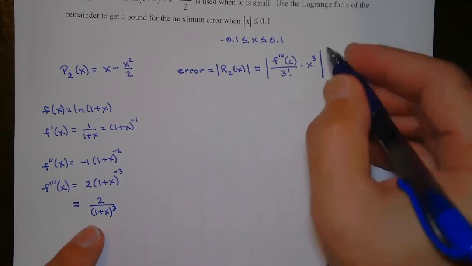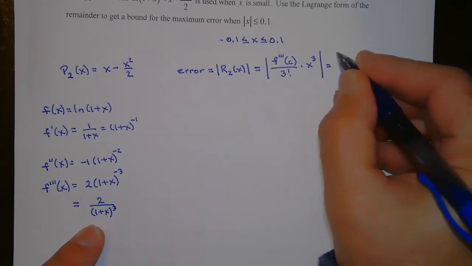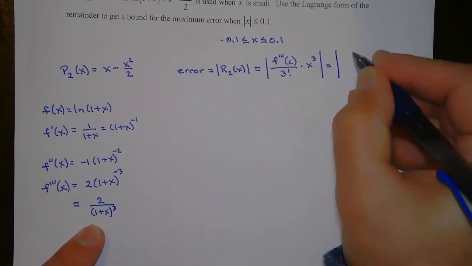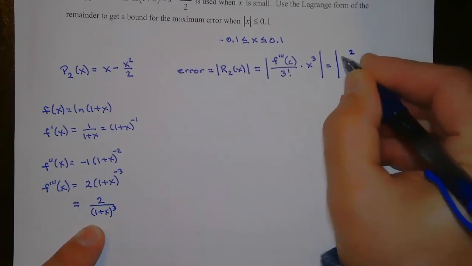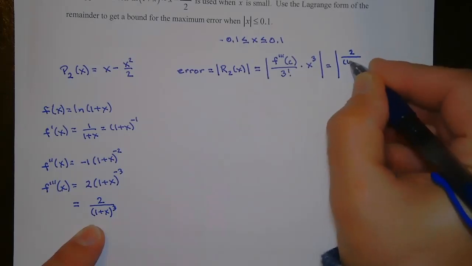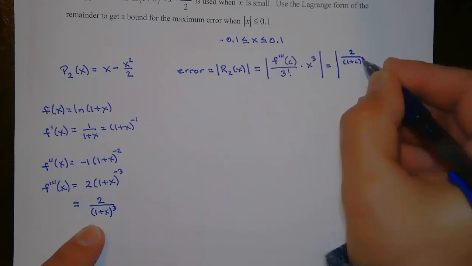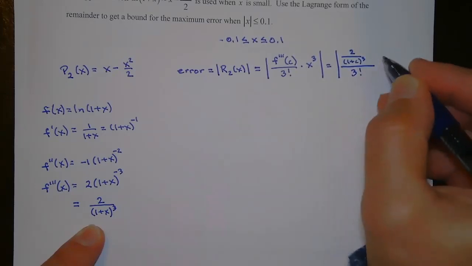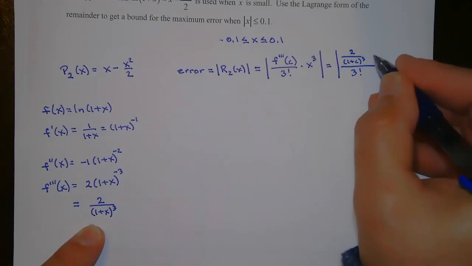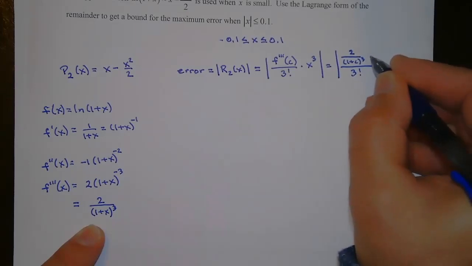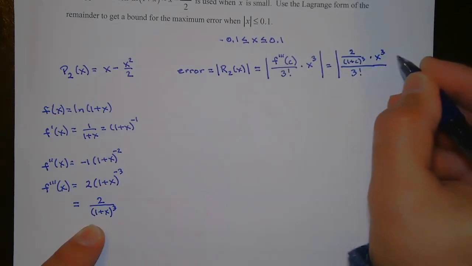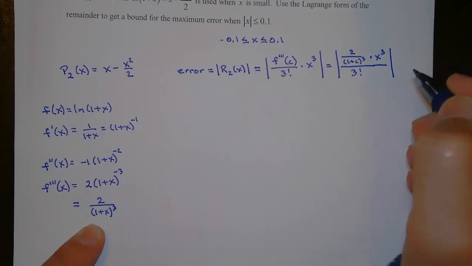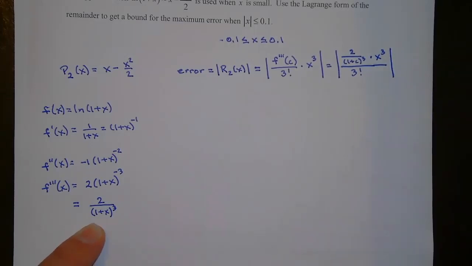So this is equivalent to the absolute value of 2 over, in parentheses, 1 plus c cubed over 3 factorial, times x cubed.